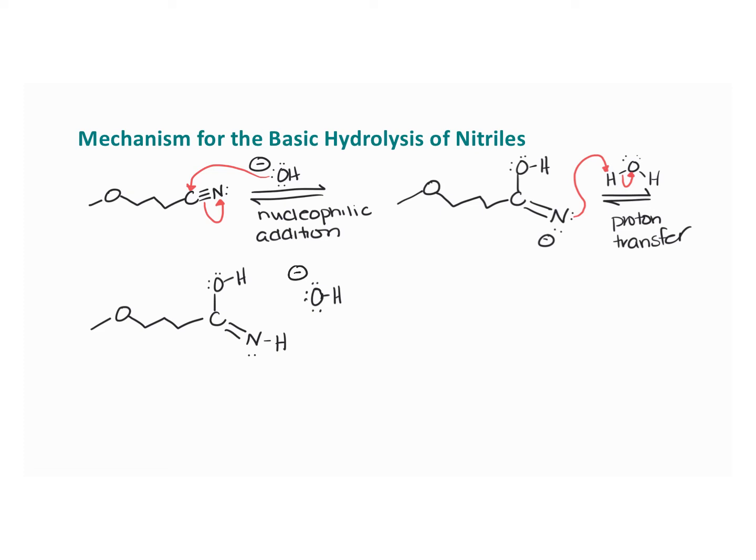All right, so now we have this OH minus hanging around, and he's going to come in and deprotonate this oxygen, right? And what's going to happen is these electrons are going to come down here to make a double bond. Then these electrons are going to go onto the nitrogen in a proton transfer step. Right?